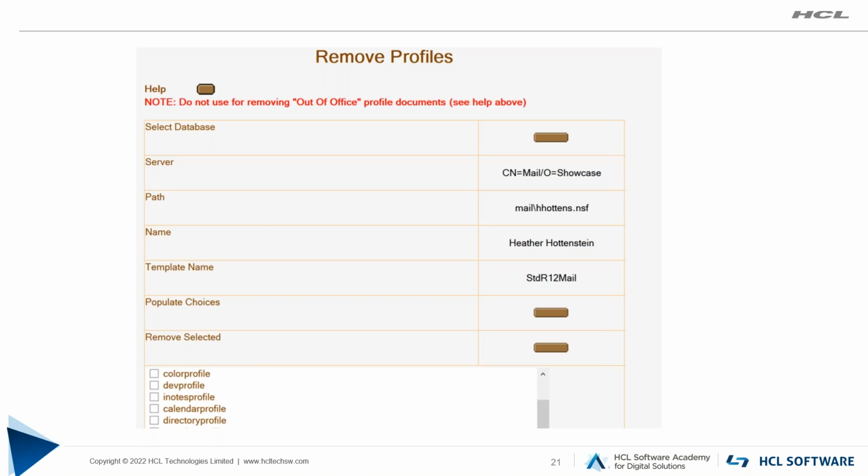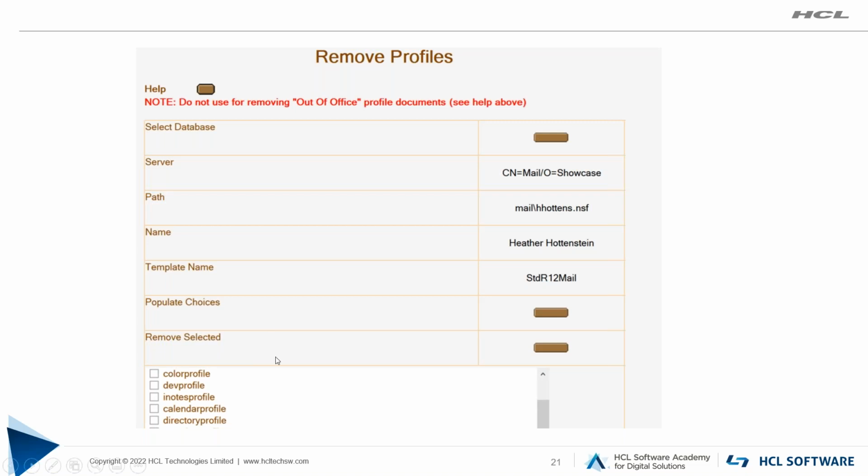And the biggest reason is that when that utility deletes an out of office profile document, it's also removing two fields that are part of the database properties header information. And those two fields have to be deleted in order for the out of office profile document deletion to completely work. So just remember, for out of office profile documents, use the other utility that's under out of office tools. But any other profile documents, you can go ahead and do this here.